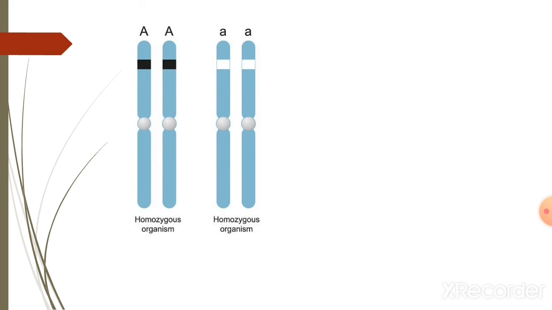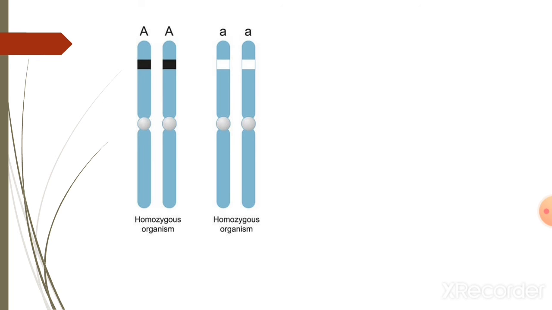Now look at this figure. The first figure shows a homozygous organism, dominant condition. Why is it dominant in the first pair of chromosomes? Because both the alleles are written in capital letters. We already learned that dominant alleles are always denoted by capital letters.